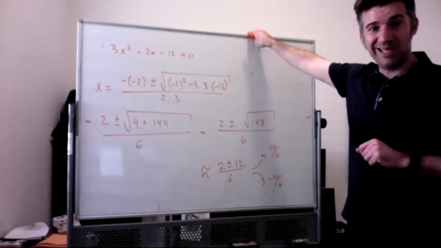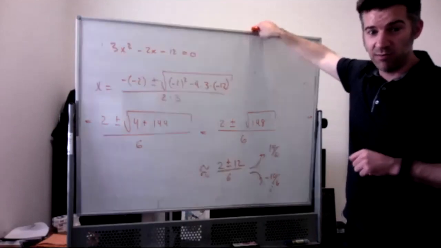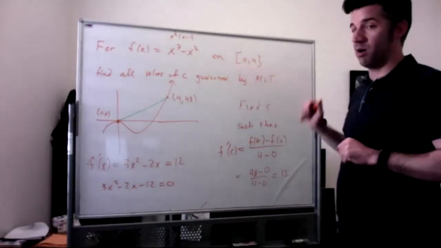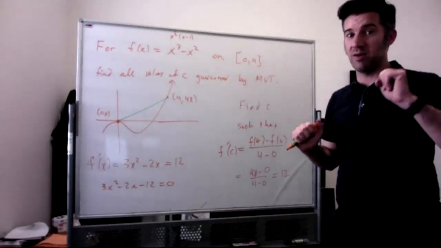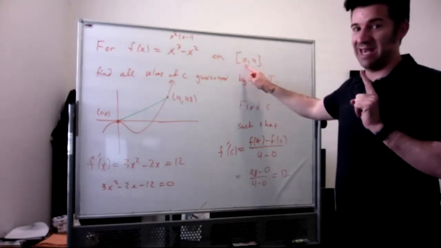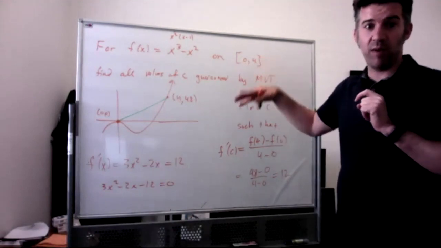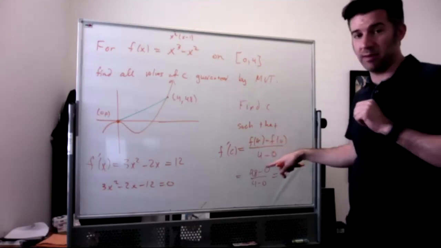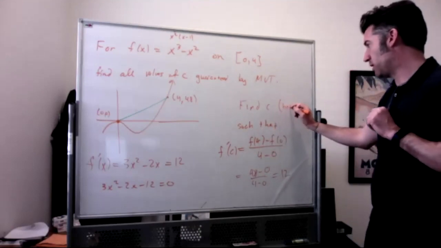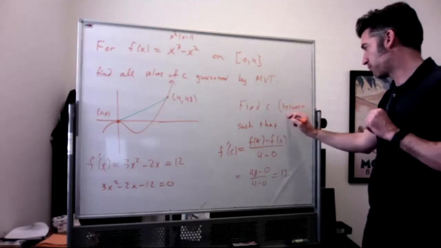To answer that question, we should go back and look at our interval. The interval was from 0 to 4, and the mean value theorem says that there is at least one value c between a and b so that f prime of c is equal to f of b minus f of a over b minus a. So I should have said find c between 0 and 4.